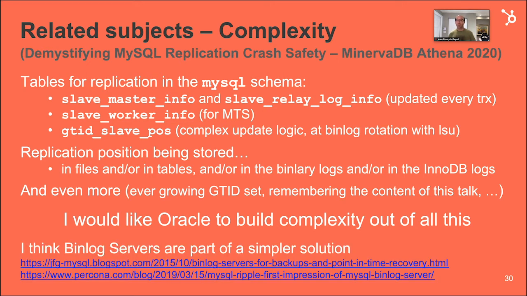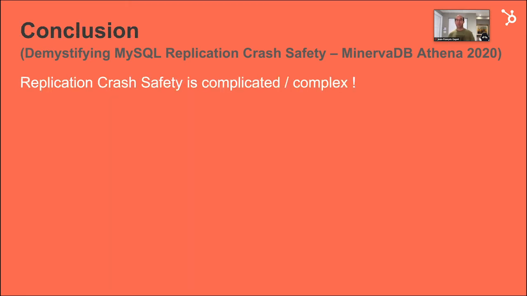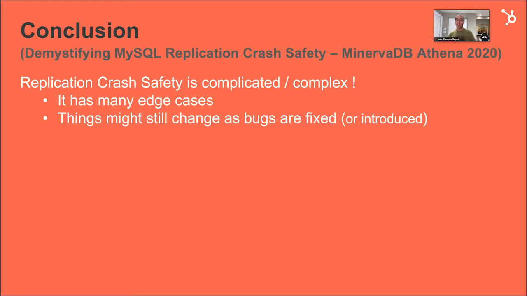And back to the binary logs, I think they're an interesting brick for building a simpler solution. So in conclusion, all this is very complex. It has many edge cases. Things are changing, hopefully for the best, sometimes for the worse when bugs are fixed.